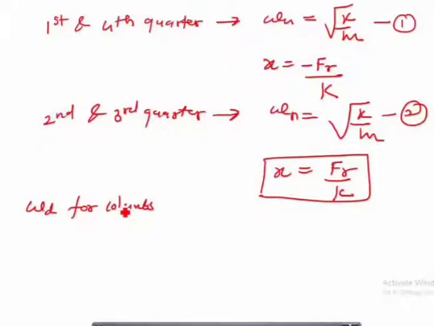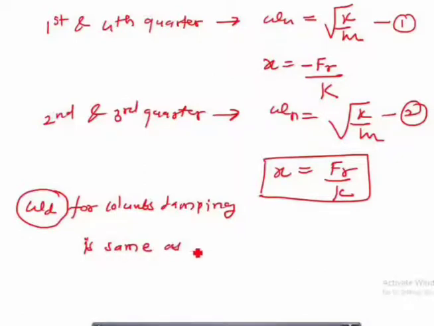So in Coulomb's damping there is an external damping which is provided by the frictional force Fr, which means the corresponding frequency will be a damped natural frequency omega d. So omega d for Coulomb's damping is the same as omega n, that is the natural frequency of undamped vibration.